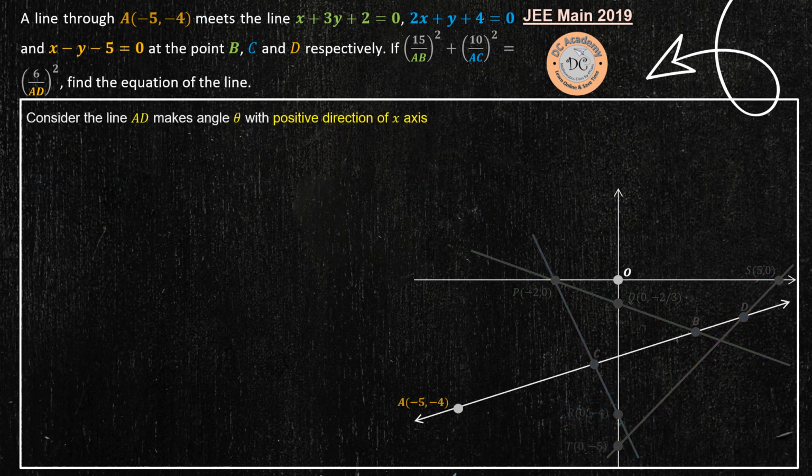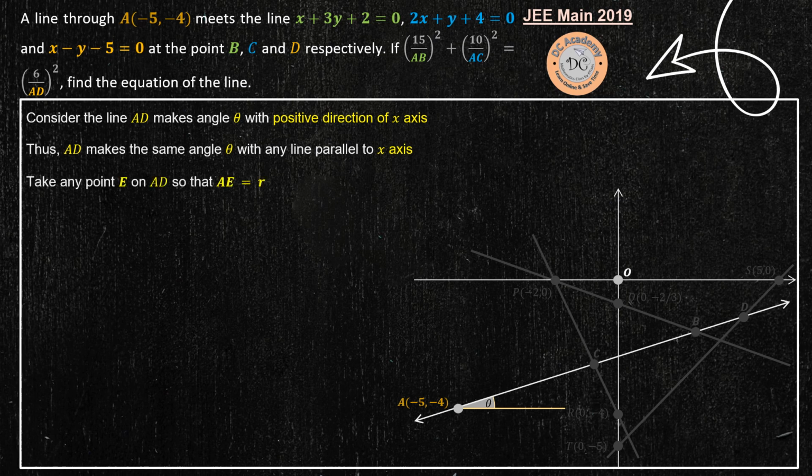As the line AD makes angle theta with the positive direction, it makes the same angle with any line parallel to the x-axis. So we draw a parallel line through A, and the angle it makes with that particular line will be theta. Now we consider any arbitrary point E on the line AD so that AE is equal to r.